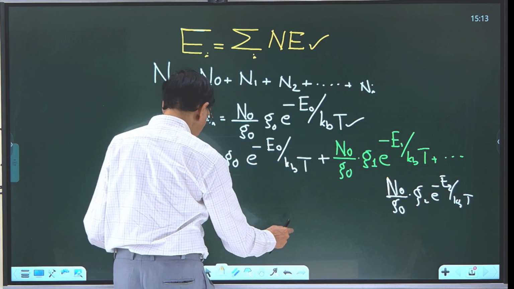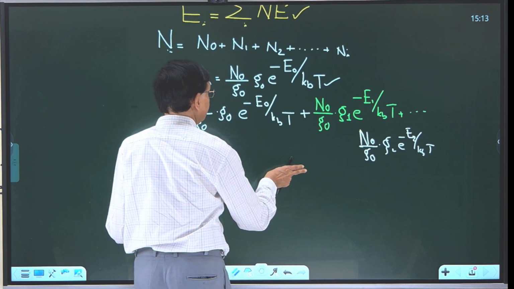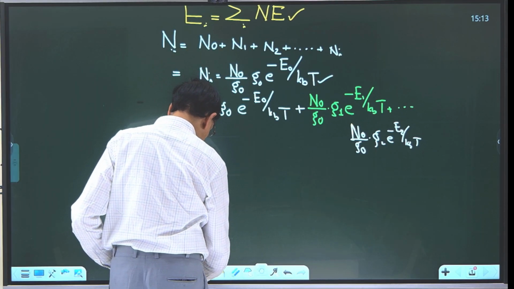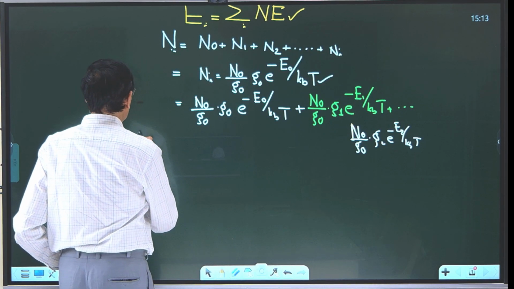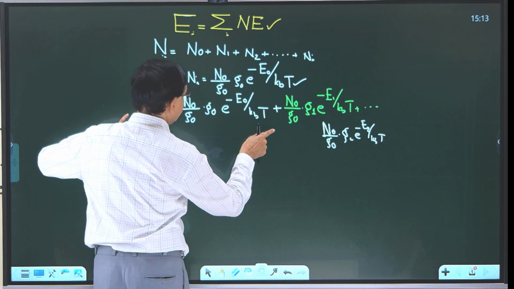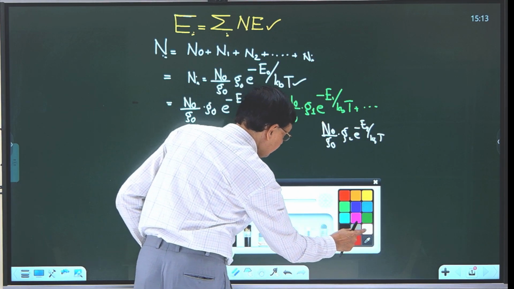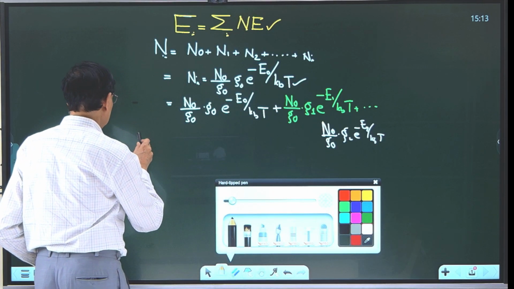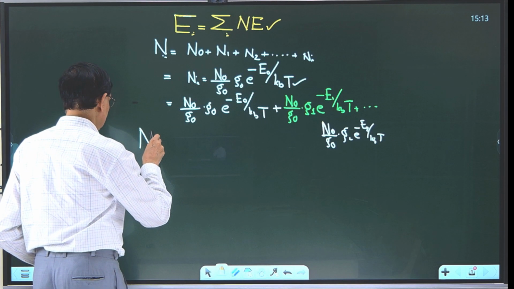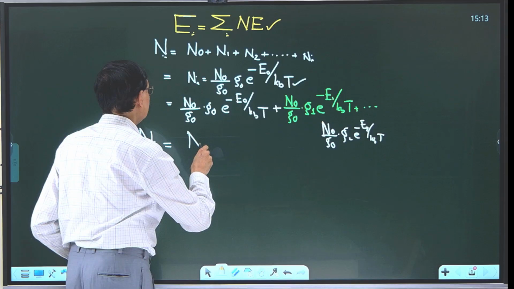So what I can do is this: N0 G0 is common.